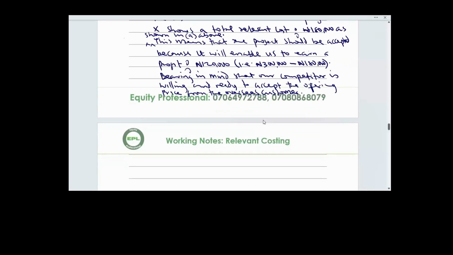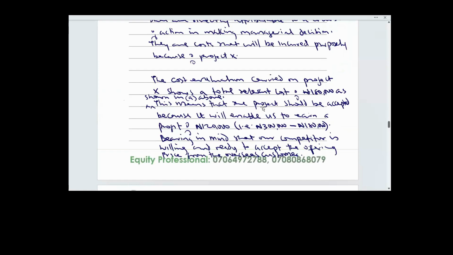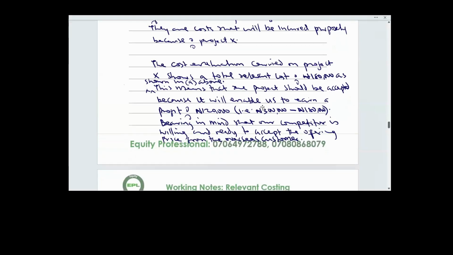These are the major things you need to comment about. If you like, you can also mention that the company should accept the project because it is profitable, since we are going to earn additional profit or contribution of 120,000 naira. Remember in the question too, the examiner mentioned that the company is currently operating above break-even point, which means the company is profitable. That's why they don't want to accept anything that will not generate profit for them.